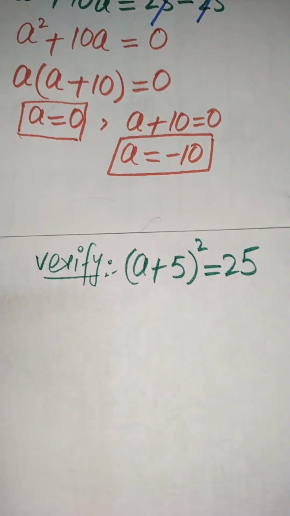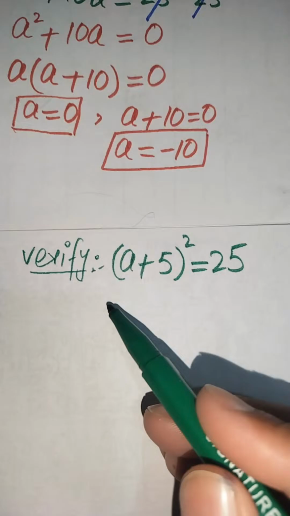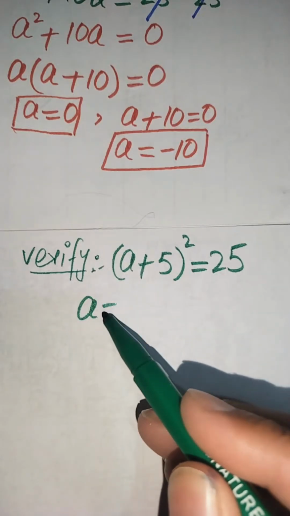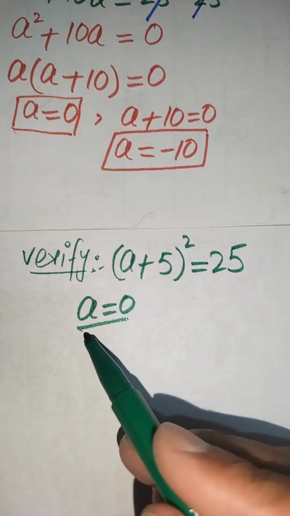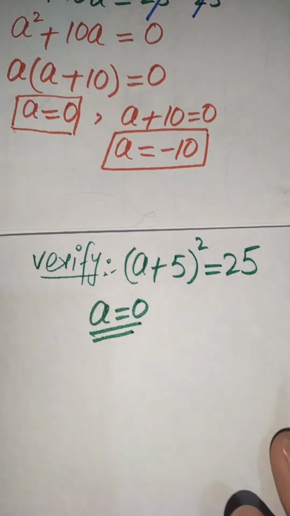First we verify a is equal to 0, which means we substitute a is equal to 0 into the left hand side and check its behavior.